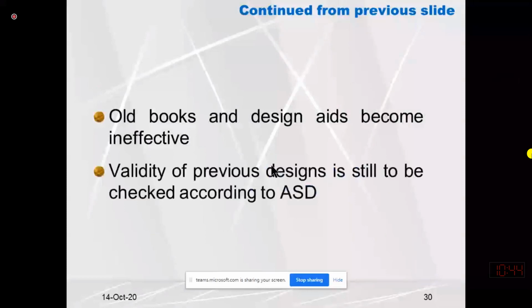The validity of previous designs is still to be checked according to ASD. If a building was designed 30 years ago, at that time it was probably designed by considering only the ASD method. So if you want to evaluate it accurately, we have to use the ASD method. Otherwise, we cannot properly estimate it.